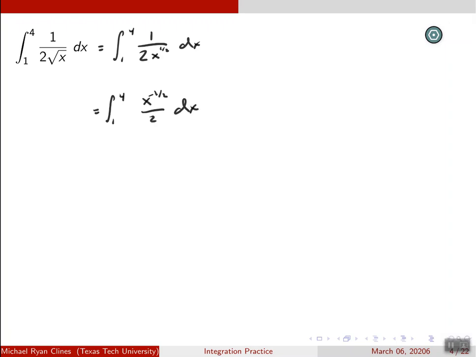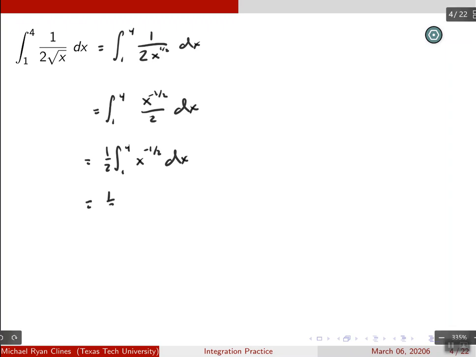Now, because I just prefer doing it this way, I'm going to pull that 1/2 out in front. By the way, this process remains the exact same even if you don't do that, just personal preference. And we still have that x to the negative 1/2 dx. So now we have the integral of x raised to some power with respect to x. Now we just do the power rule.